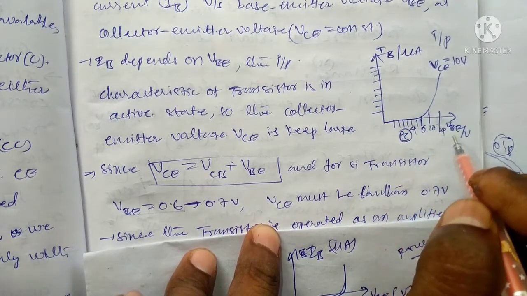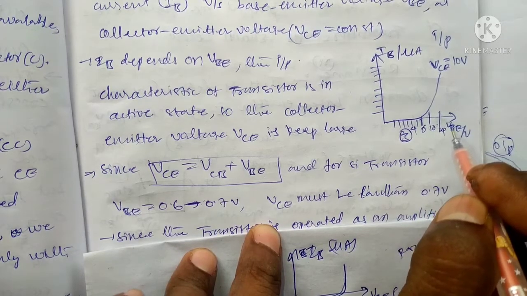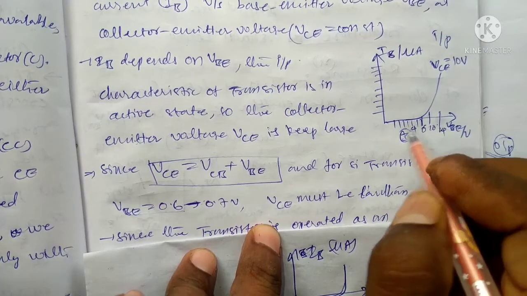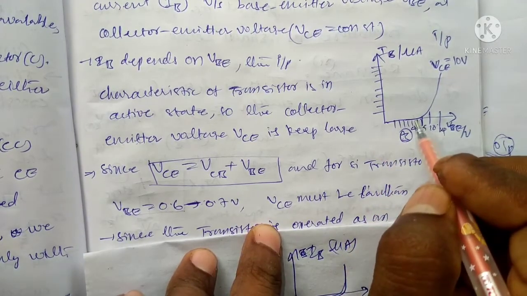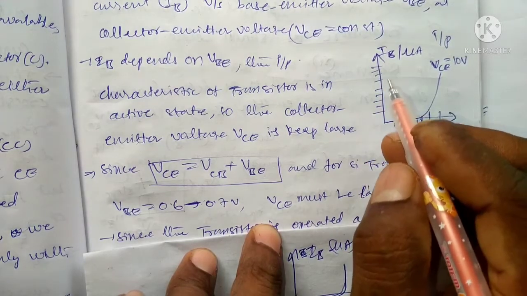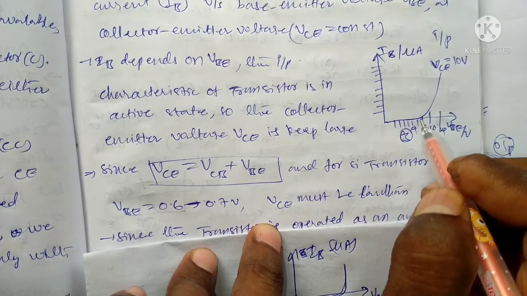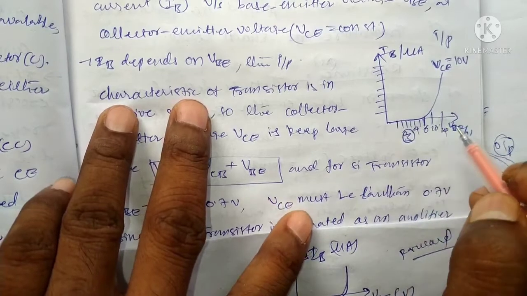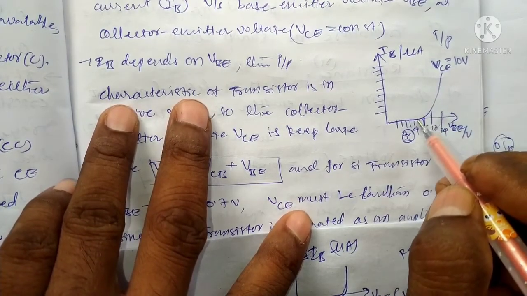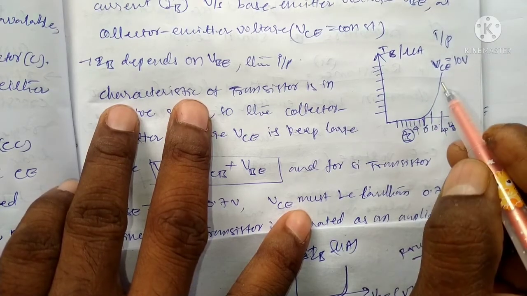There is no change in the base current up to a certain VBE. Then, as VBE increases, the base current increases.